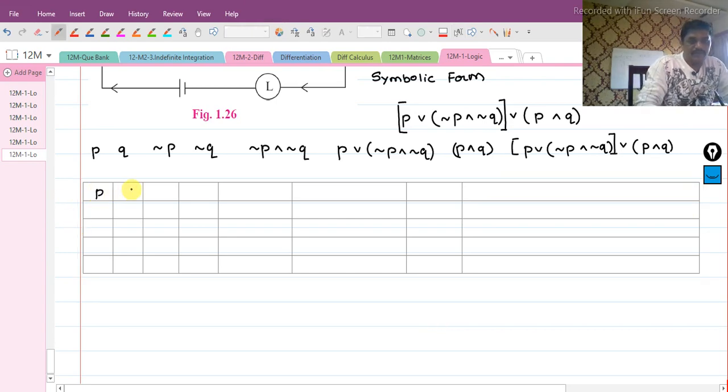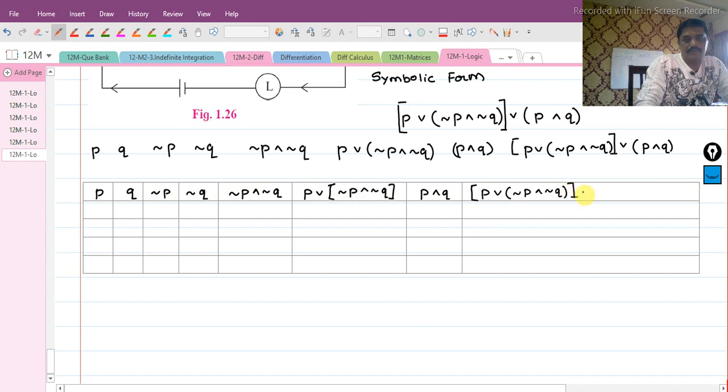This is P, Q, negation P, negation Q, negation P and negation Q, P and Q, P or negation P and negation Q, or P and Q.